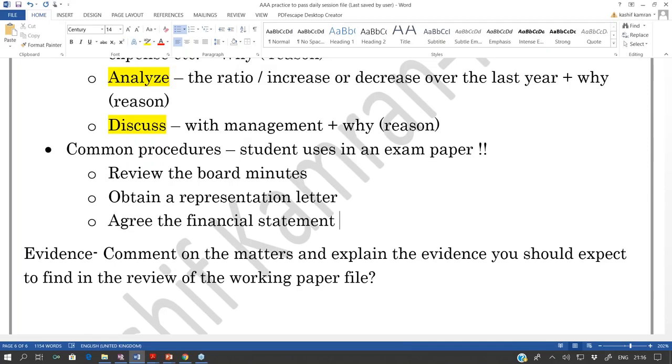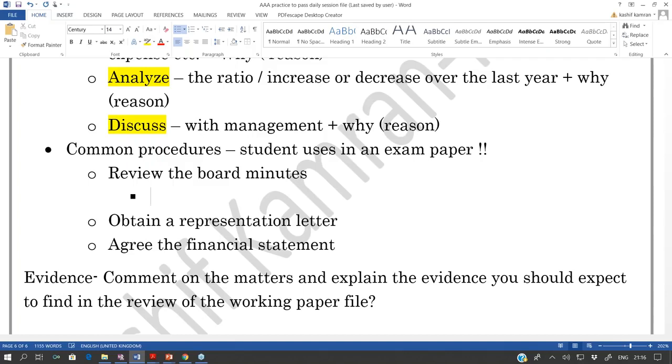In an exam context, suppose you are writing an answer under review the board minutes, and you write something like this: review the board minutes for approval. And you're very happy, you think you get 1 mark.